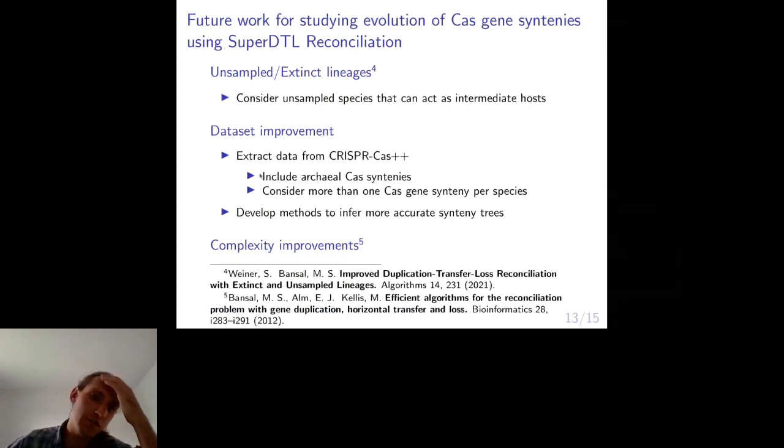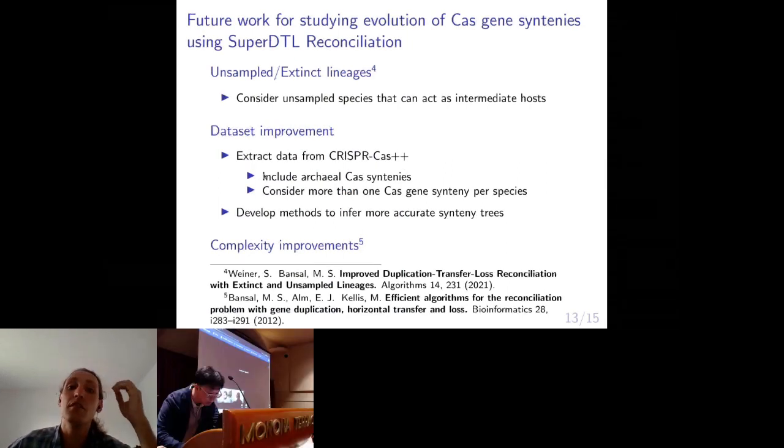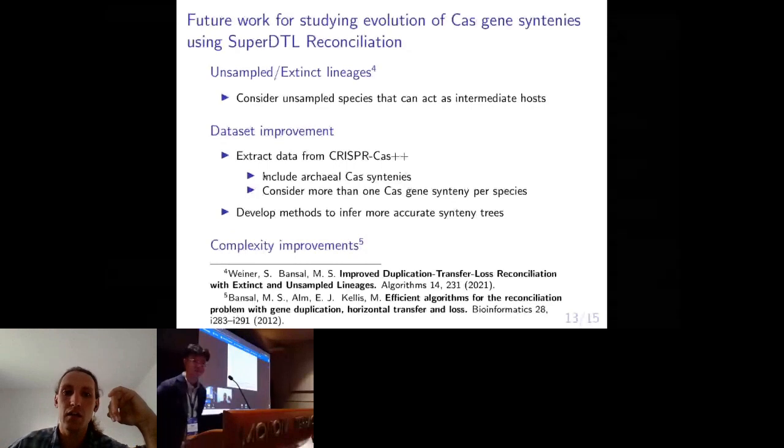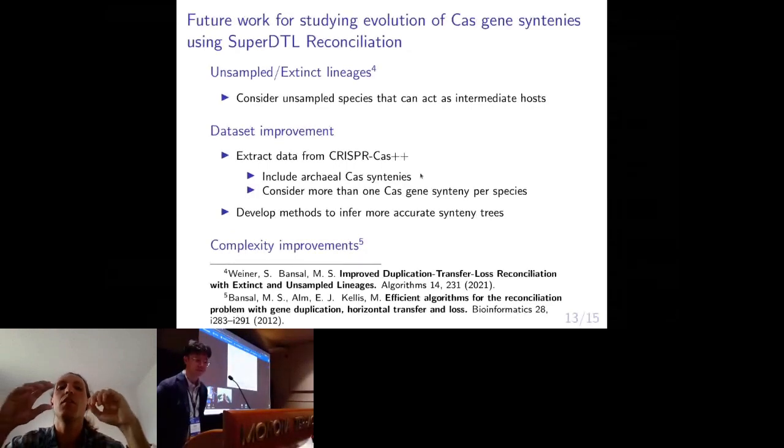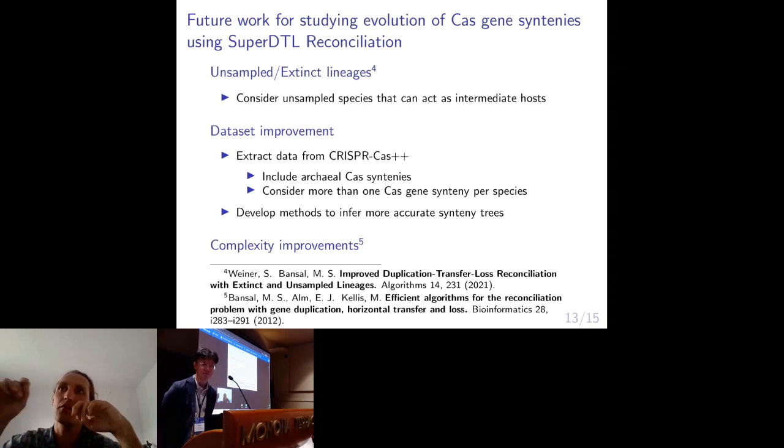For example, in our study, we don't include archaeal species. There was only bacterial, but we know that about 40% of bacteria possess a CRISPR-Cas system, while in the archaea it's more about 70% of species. So it will be interesting to consider archaeal species to reconstruct the evolution of Cas gene synteny.